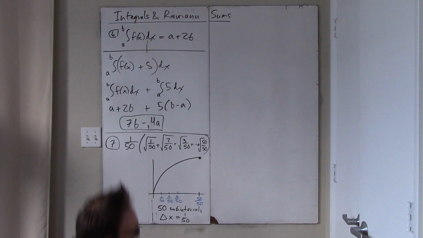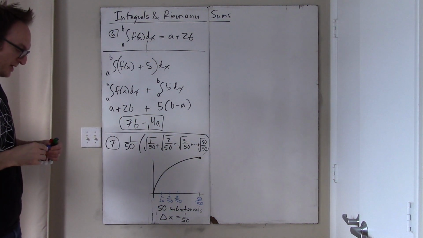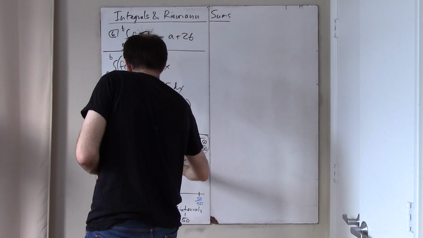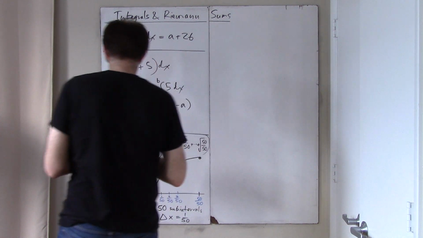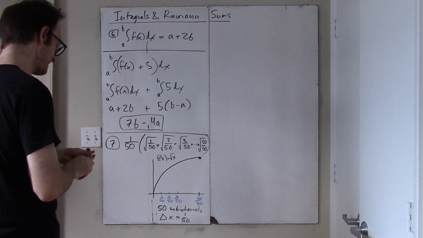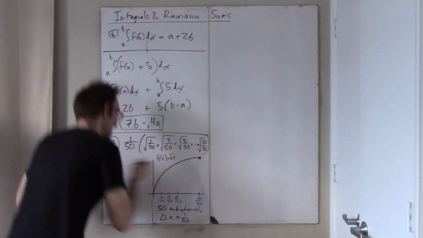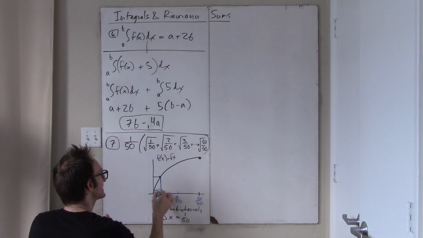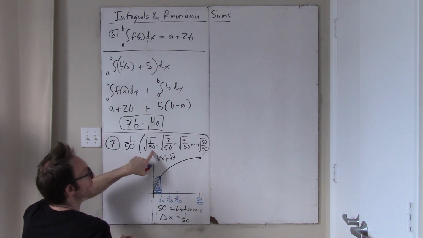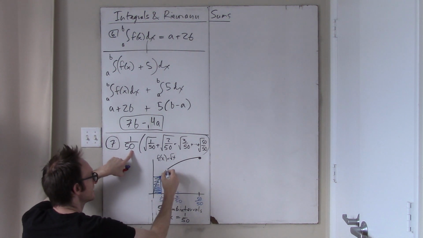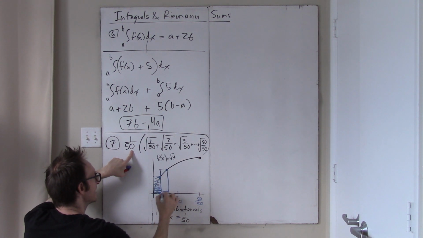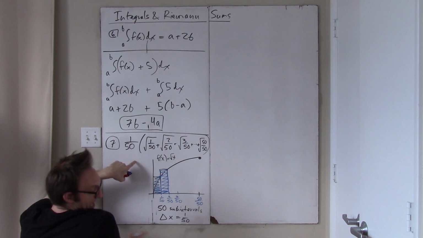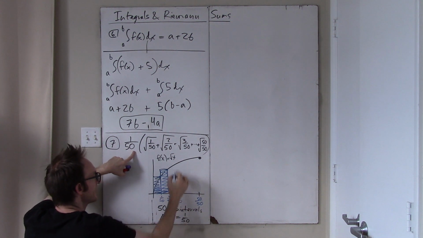And when you plug those numbers into the square root function, this is the function f of x equals root x, then you get these y values. And then the first rectangle has area root 1/50th times 1 over 50. The second rectangle has area root 2/50ths times 1 over 50, and then et cetera, et cetera.